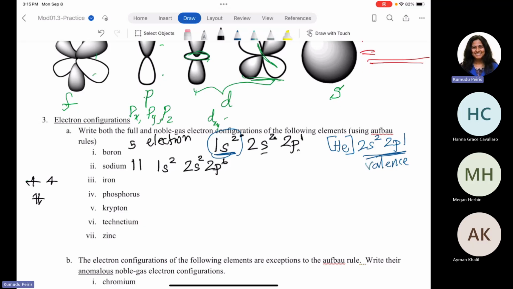The second energy level has only the s and p, so we have to move to the third energy level. We have just one remaining electron that will be filled into the s orbital. Now, what is the noble gas that has these configurations?